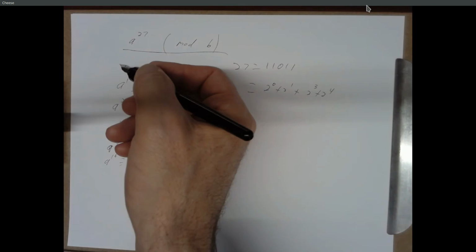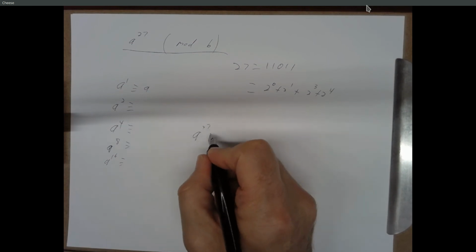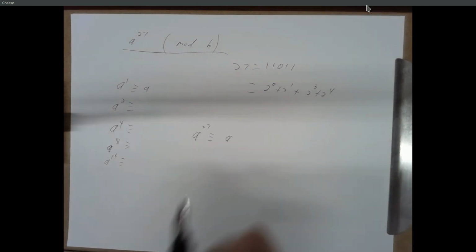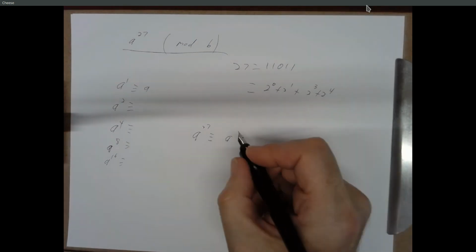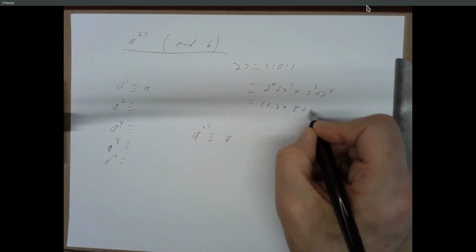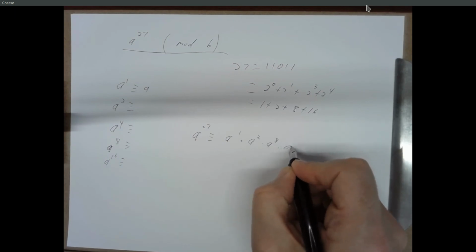Even if you carry this out to where you've got a to the 1024th, right? And then a to the 27th is congruent to a to the first times a squared times a to the 8th times a to the 16th.